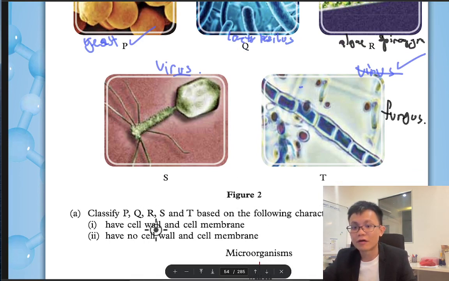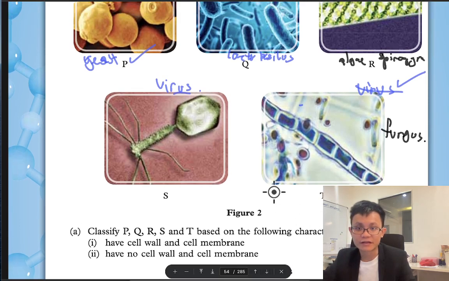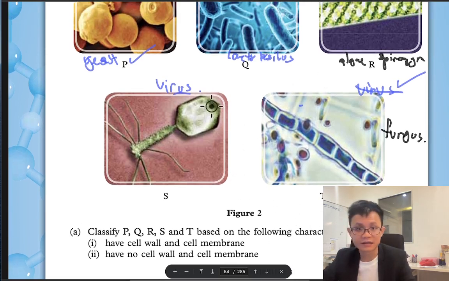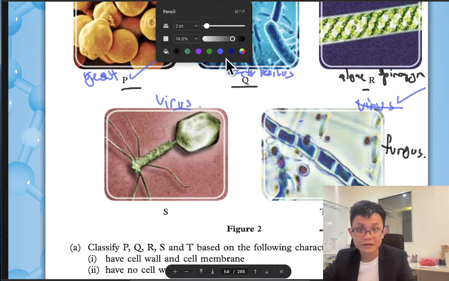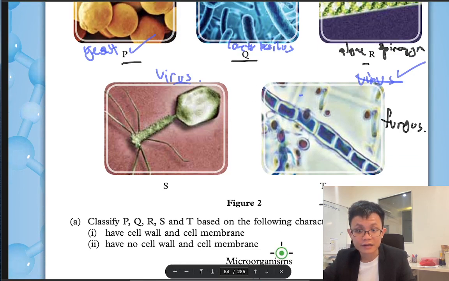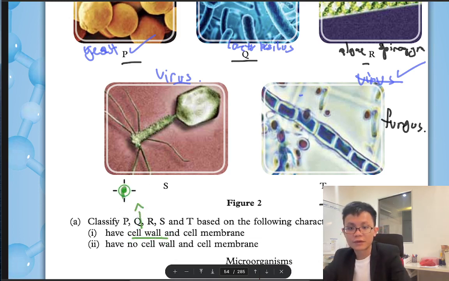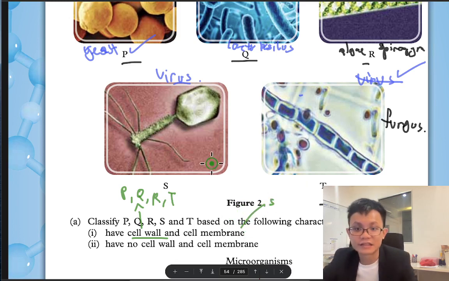So classify P, Q, R, S, T based on the following characteristics: have cell wall and cell membrane. So have cell wall and cell membrane, it will be what? P, Q, R, T. Wait, let me change my pen color. We use green color, okay? So have cell wall, it will be P, Q, R, and T. Have a cell membrane, it will be S. Okay, so this is the cell membrane.